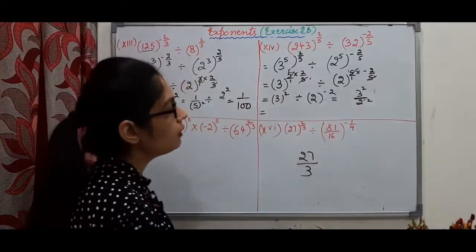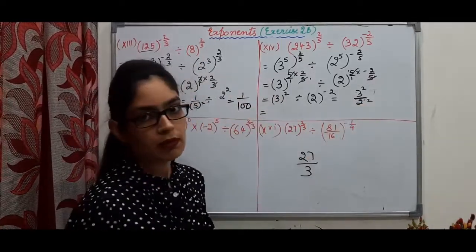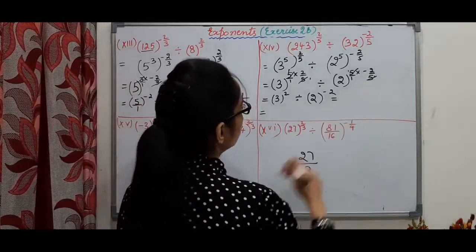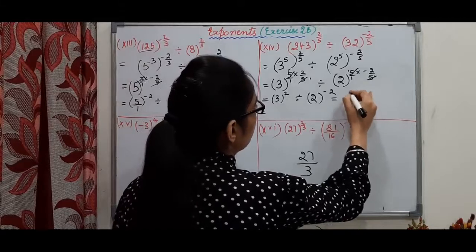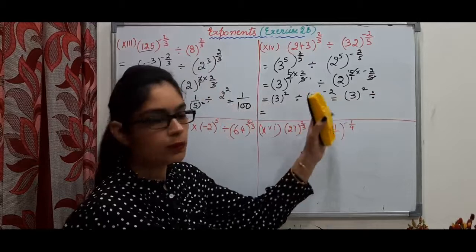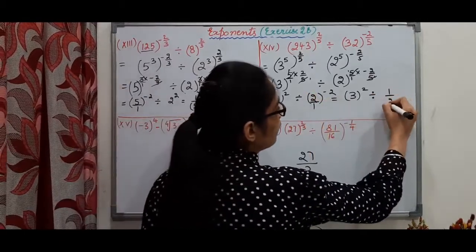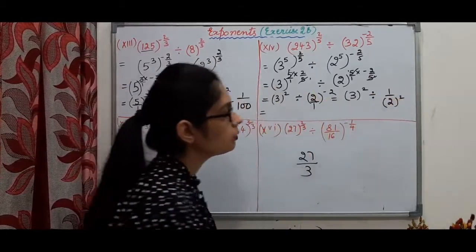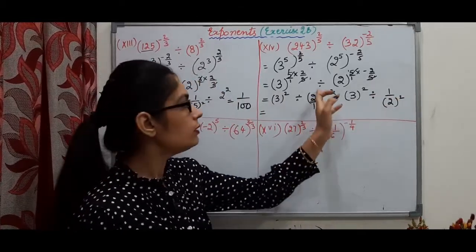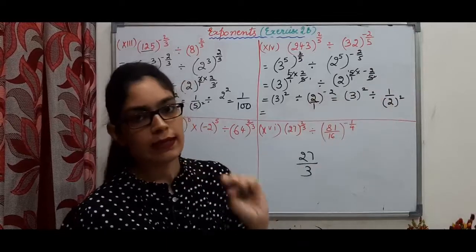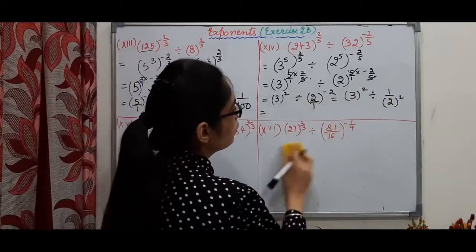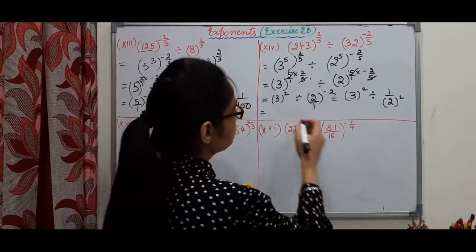Negative power we cannot solve, so in this step you can make it positive, and it won't make any difference. If we change 2 to the power minus 2 to its reciprocal, it becomes 1 by 2 to the power 2, and the power is changed to positive. So 3 to the power 2 is 3 into 3.